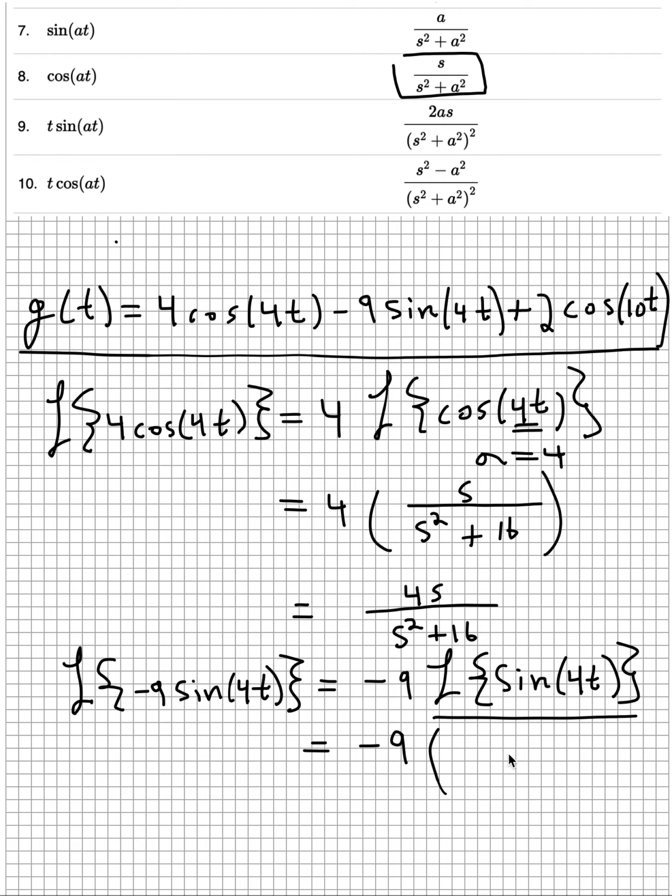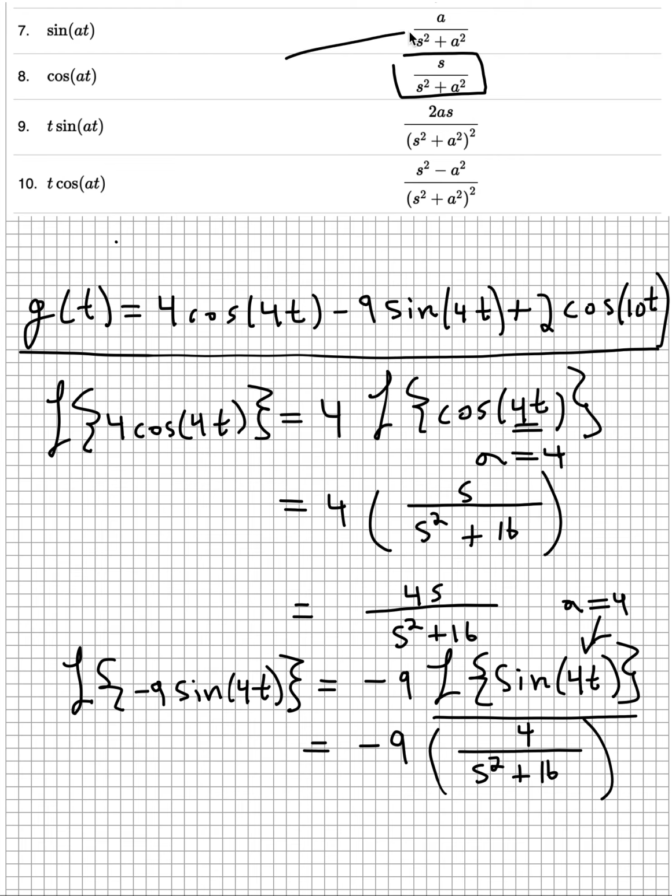We'll have a on top instead of s. So again, just make sure I write this down. A is equal to 4, so we have 4 divided by s squared plus a squared, which is 4 squared, so that's 16. Okay?